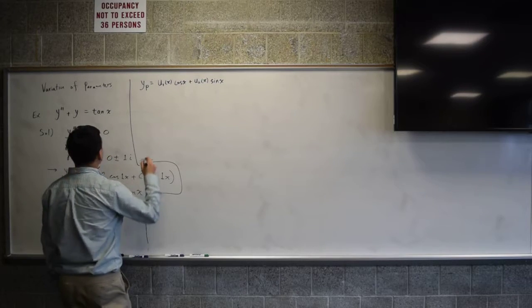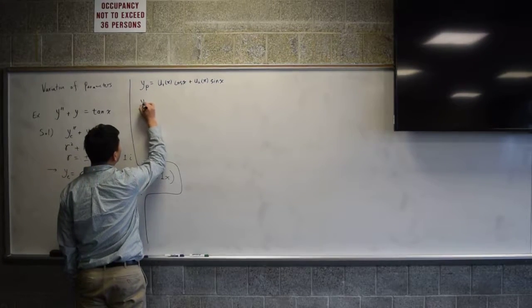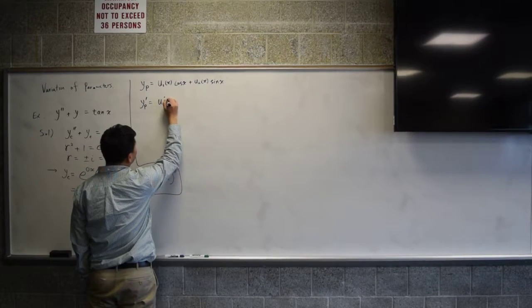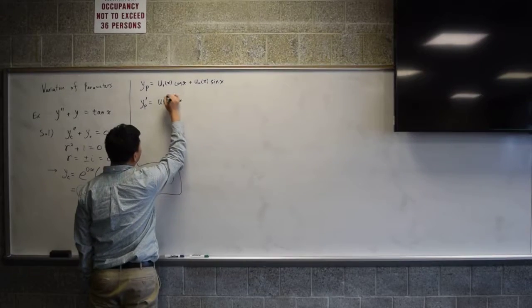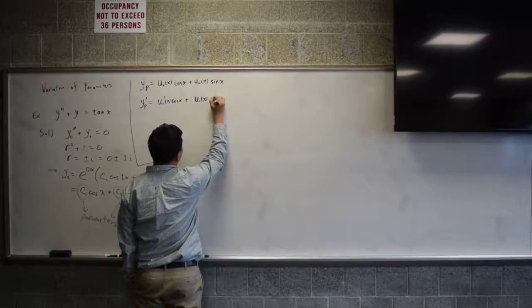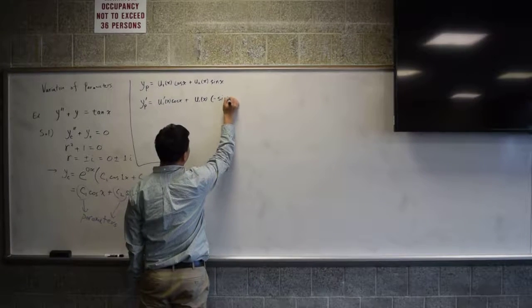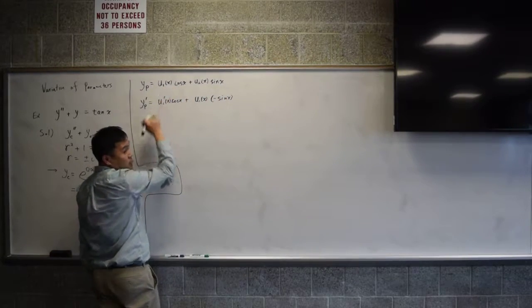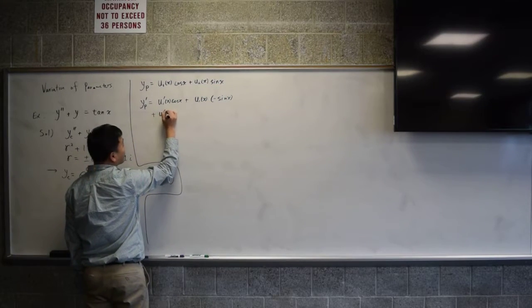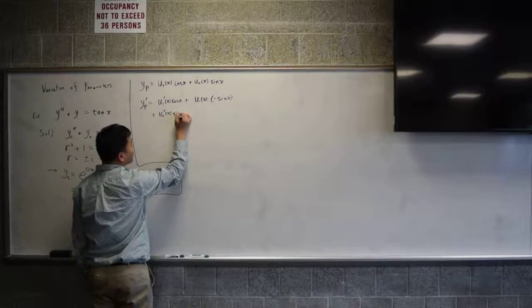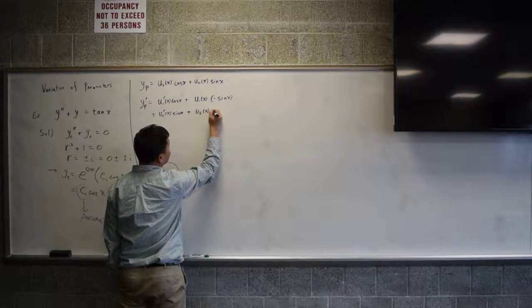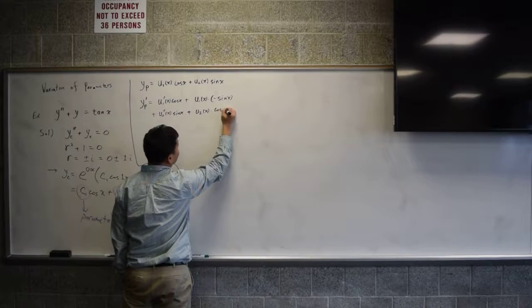First, let's differentiate this. Then you have u1 prime of x cosine of x plus u1 of x times negative sine of x. That's just the product rule applied to the first part. Then if I differentiate this using the product rule, it's u2 prime of x sine x plus u2 of x times cosine of x.